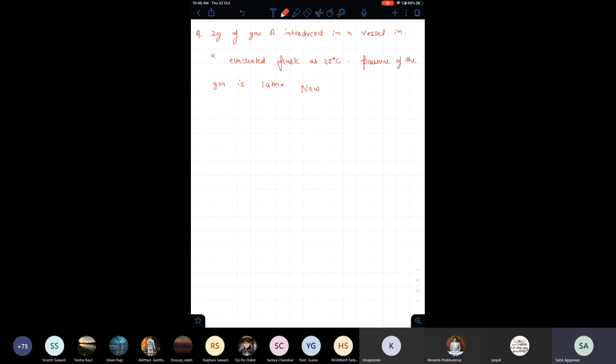Now 3 gram of another gas B is introduced in the same flask. Total pressure becomes 1.5 atmosphere.